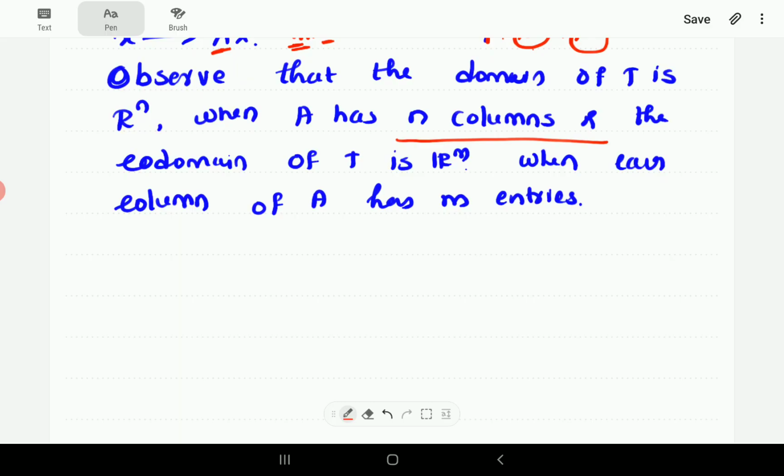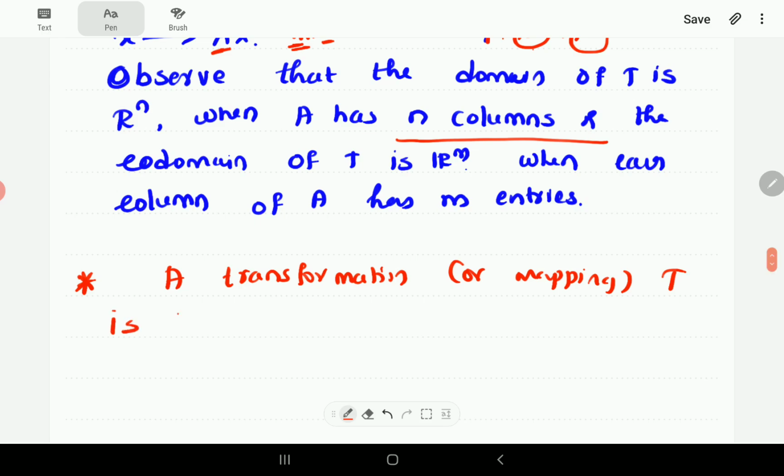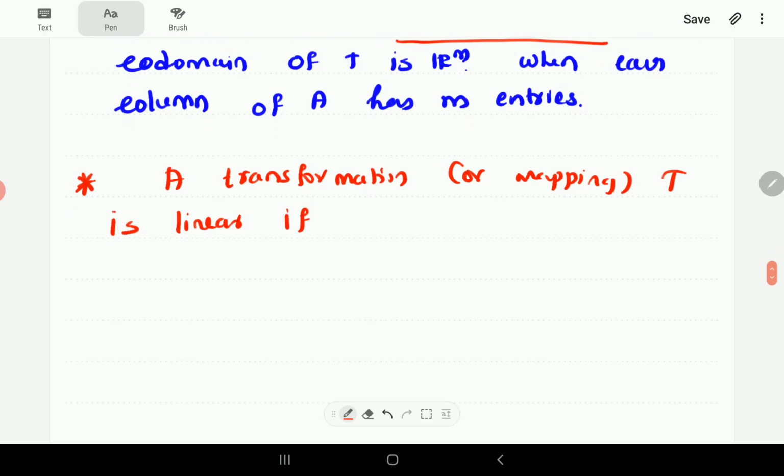So the definition of linear transformation says a transformation, or a mapping, or a function, you can say, a mapping T is linear if it holds two conditions.